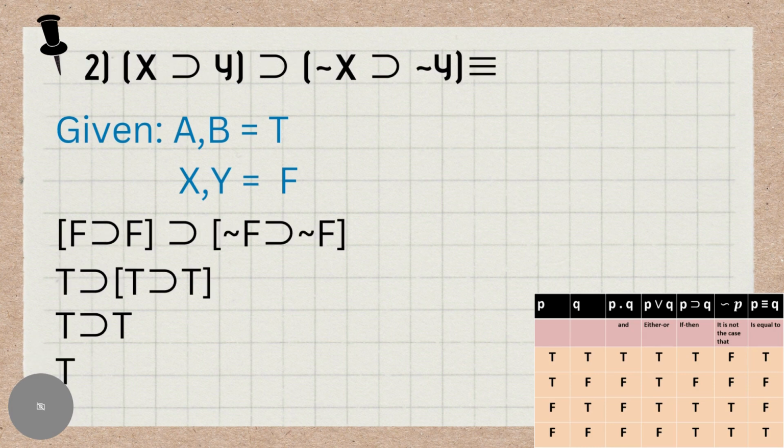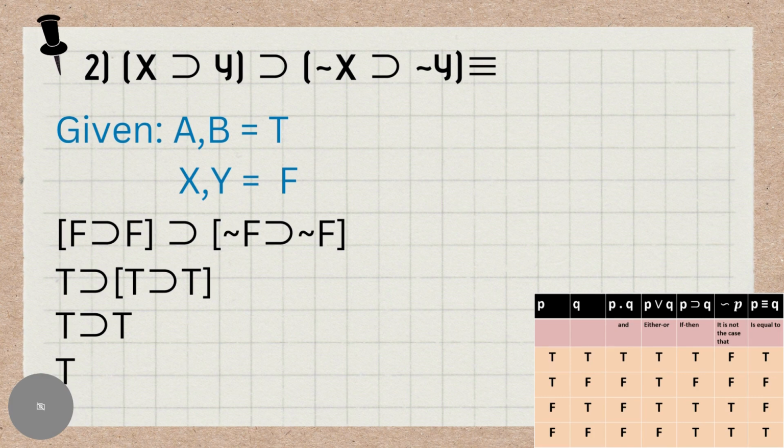The second one we have is X inference Y, inference negation X, inference negation Y biconditional. We will be replacing X and Y as false, A and B as T. So F inference F, inference negation of F inference negation F. Before the bracket, we will be taking care of the negation first.